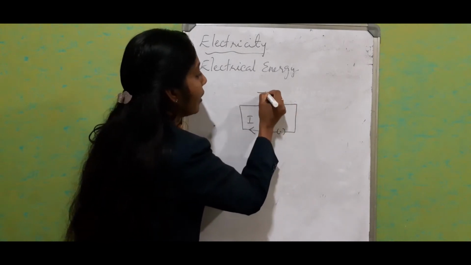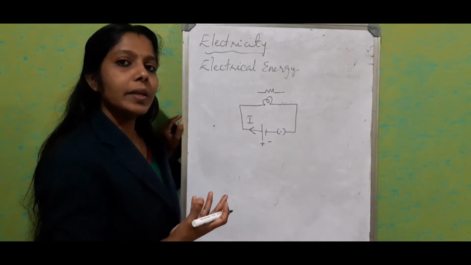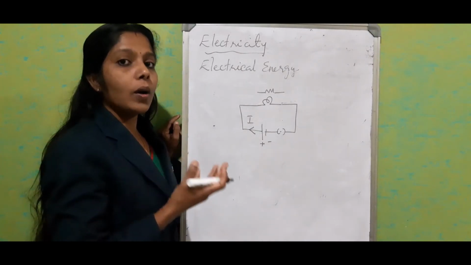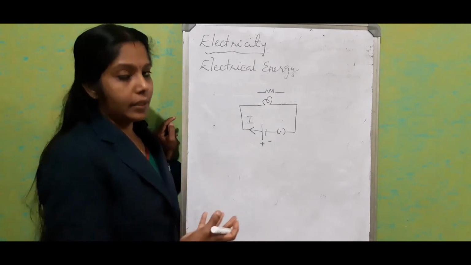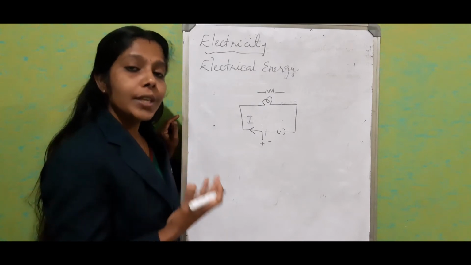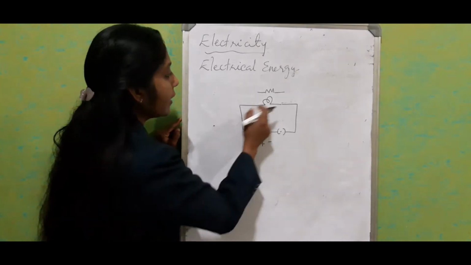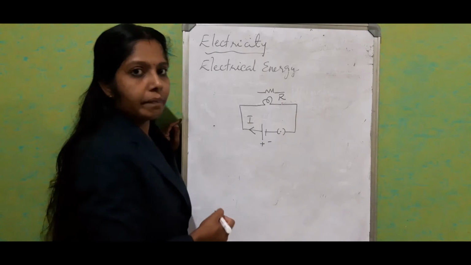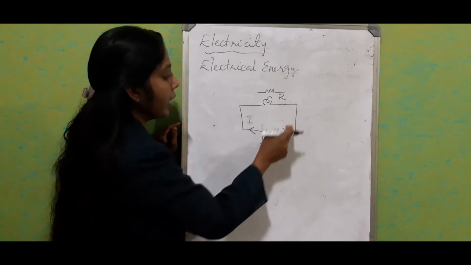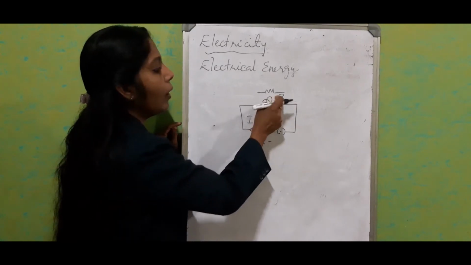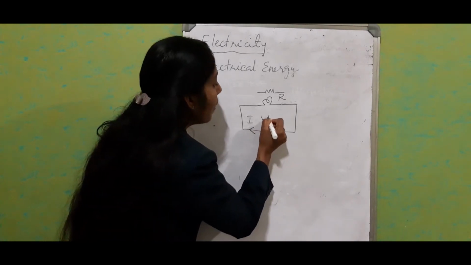Resistance means it is a blockage, an obstruction offered by the circuit to the current flow, and it is represented by the letter R. Current is flowing through the circuit, that is I, and this bulb offers a resistance of R when it is connected to a potential difference of V.